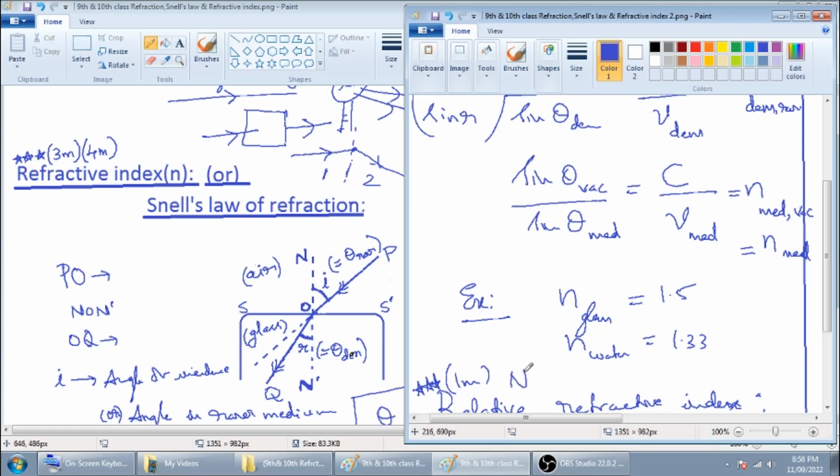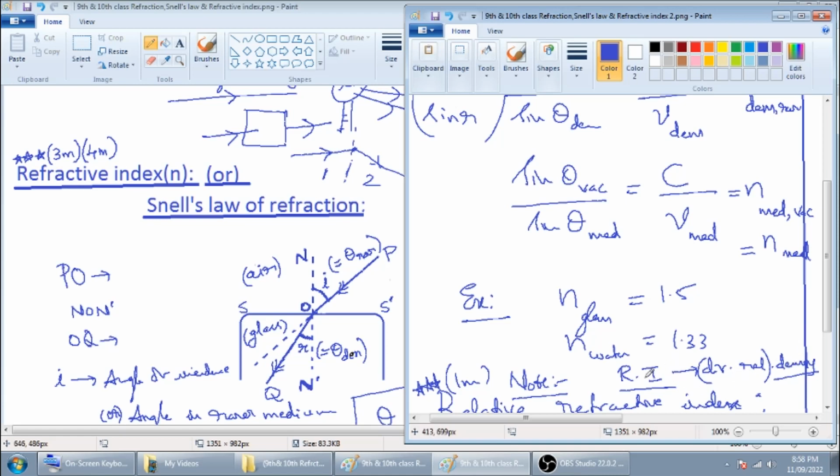So this is a special note point. Refractive index is directly related to density. The higher the density, the higher the refractive index. Directly means that once one increases, the other also increases.